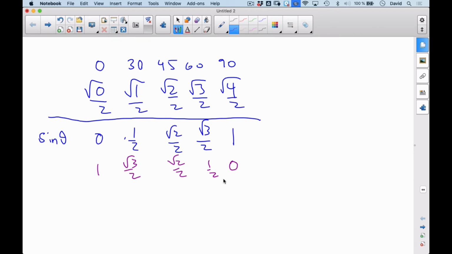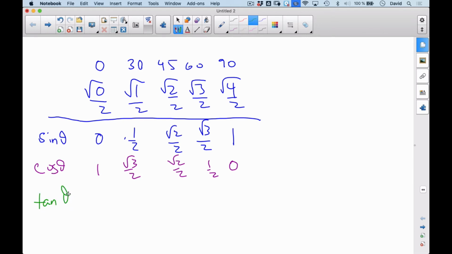Guess which one this one is now? This is cosine. And then the last one is tangent.